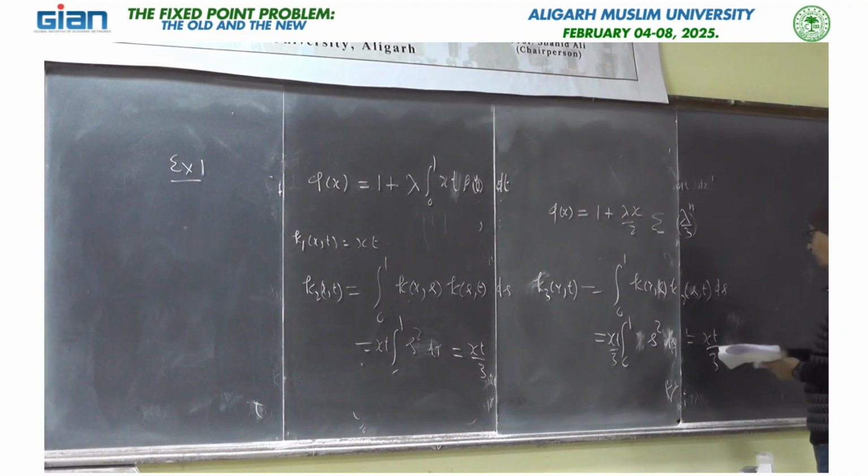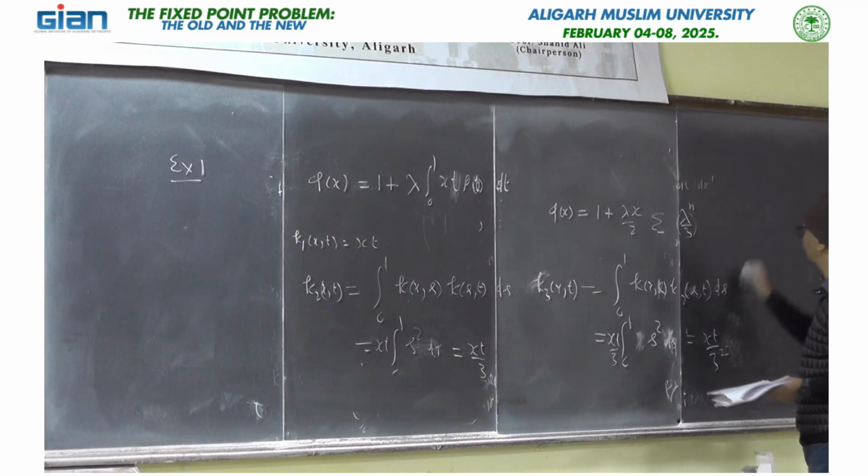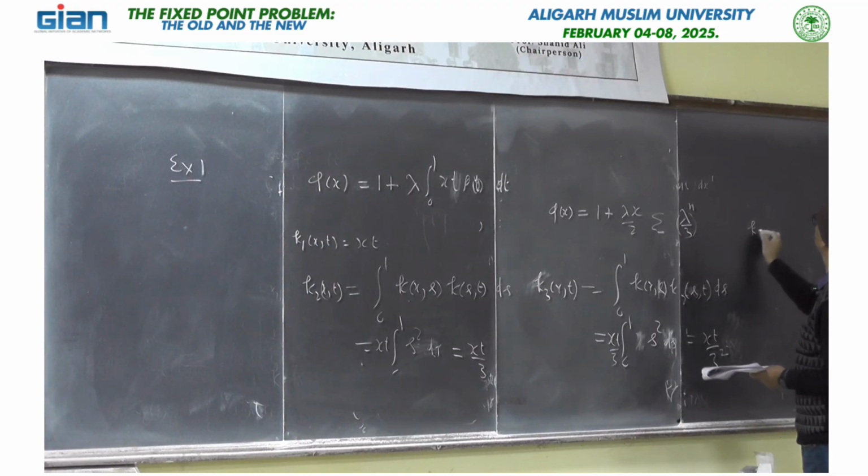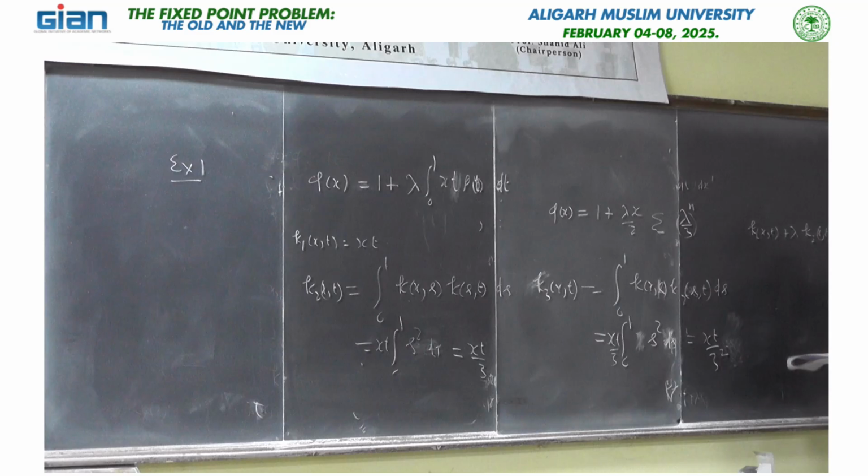Okay, so I will keep on getting this, and then what you have is this series k1 x t plus lambda k2 x t, because one lambda I have taken out, plus lambda square k3 x t. This I have to see, what is this sum.